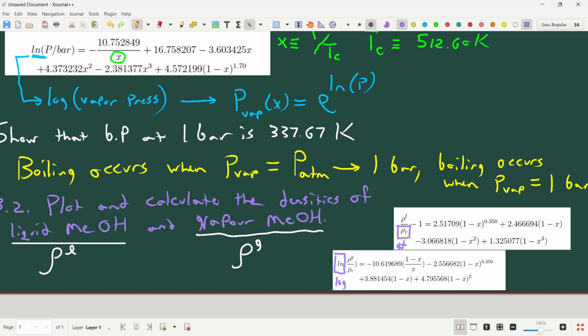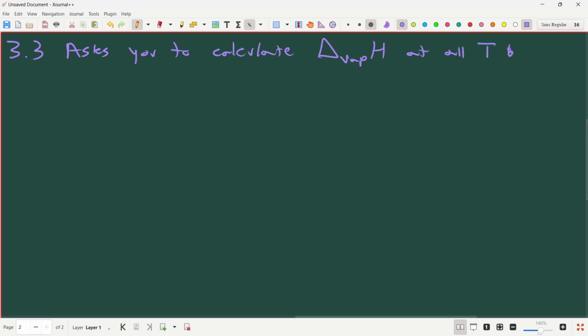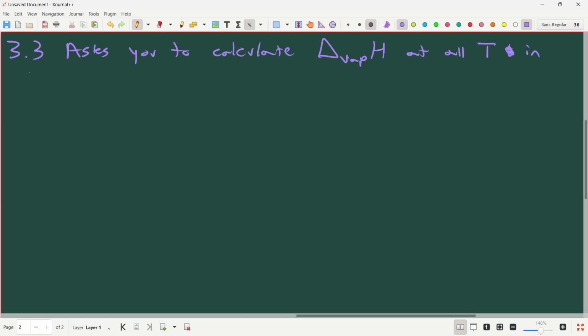3.3 is the tricky problem. 3.3 asks you to calculate the enthalpy of vaporization at all temperatures in the range of 3.1 and 3.2.